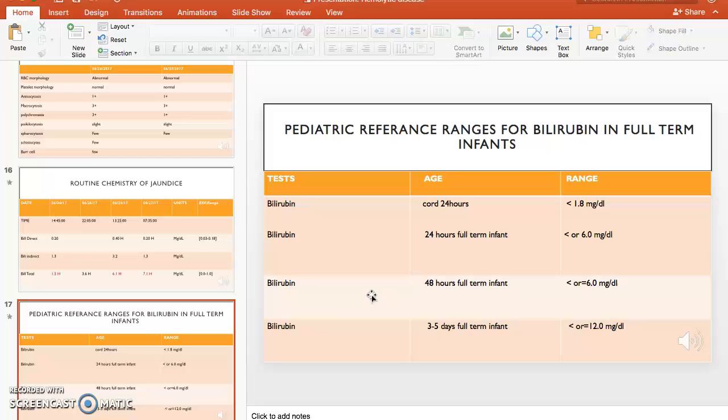Our guideline is the pediatrician reference range for bilirubin in full-term infants. In cord blood, within 24 hours, it should be less than 1.8 milligram per deciliter. But if the baby is a full-term infant, within 24 hours it should be less than or equal to 6. If it goes more than that, the baby is suspect of jaundice. This is a guideline for the pediatrician.